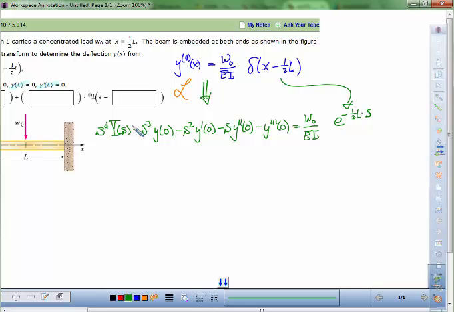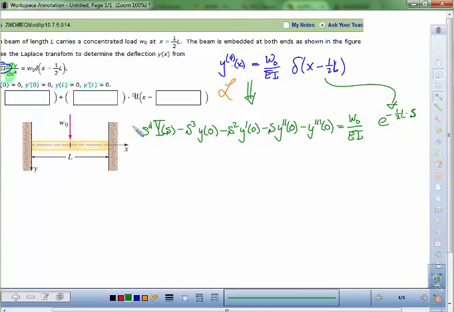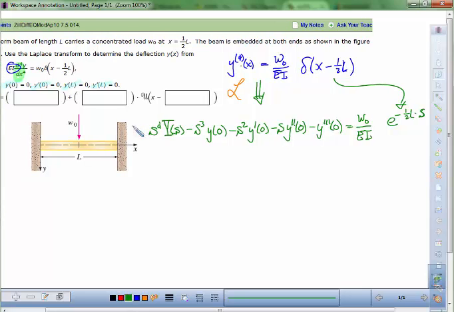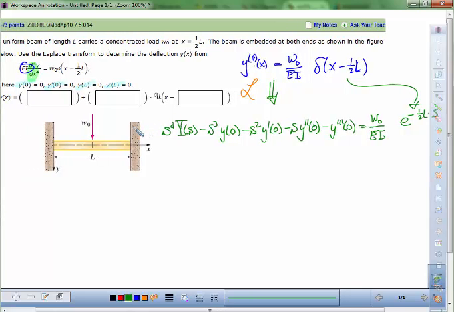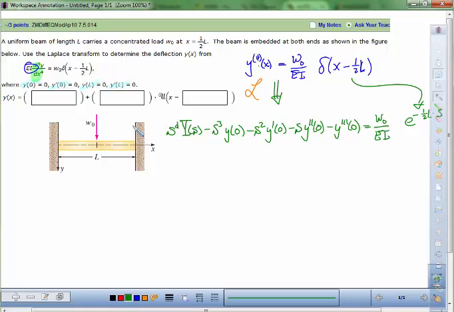All right, are we good? Yeah, so the nice thing about this is that there's going to be a bunch of things that disappear, so that's good. The issue is that we're going to have a little bit of a problem here, because this is not an initial value problem, so we don't have all the initial conditions for the double prime and triple prime.